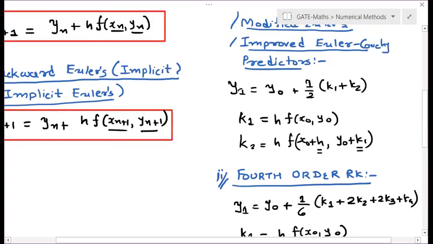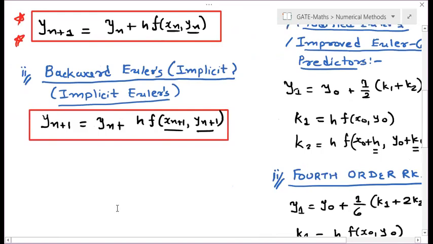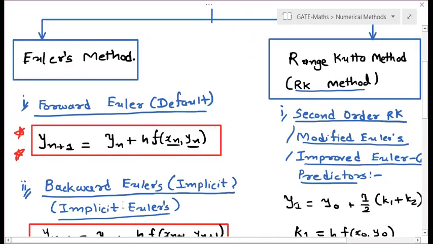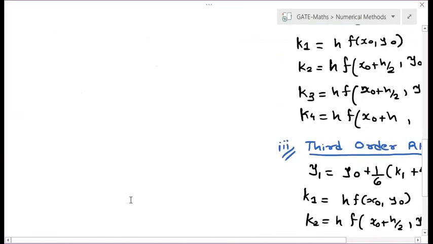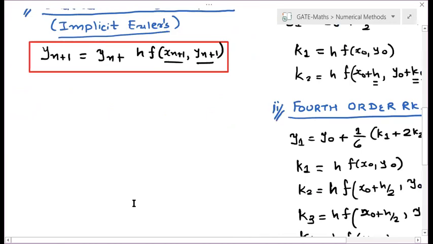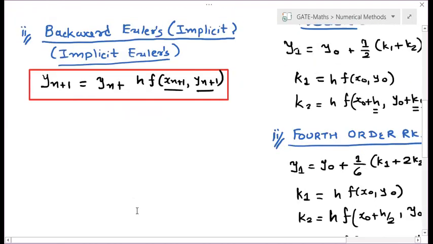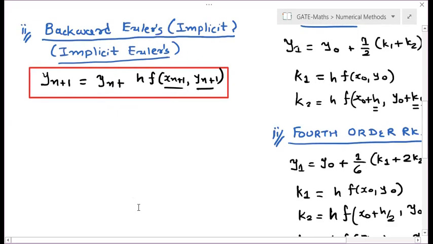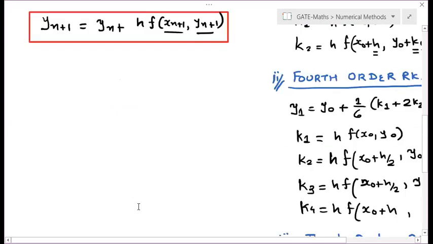So we will now see one example of each method: 1, 2, 3, 4, 5. Right, so let us see 5 questions. Is it clear? And then we also have to remember the error order in all these methods. That I will give you at the last, after seeing all the examples.